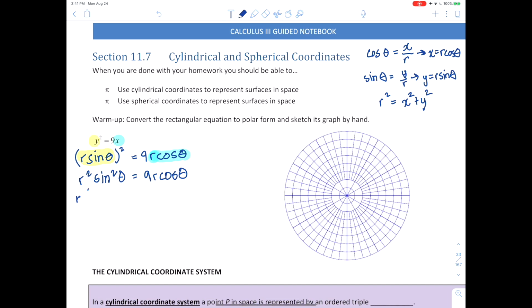So we'll have r times r sine squared theta minus 9 cosine theta is all equal to 0. Cool so far? So you would either get that r is 0, or that r sine squared theta minus 9 cosine theta is 0.